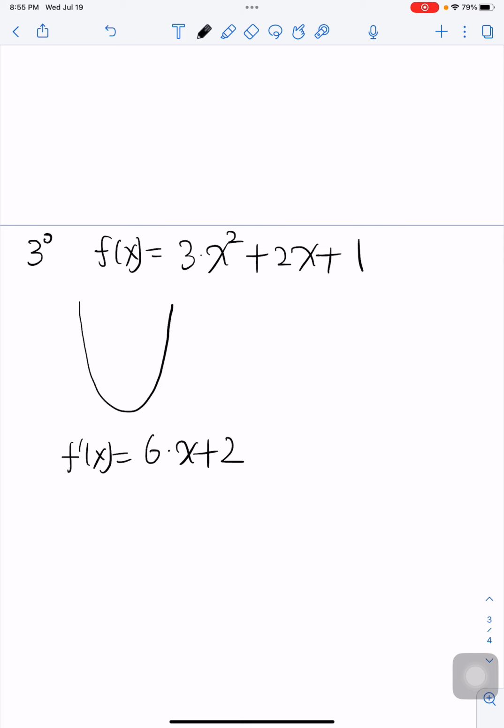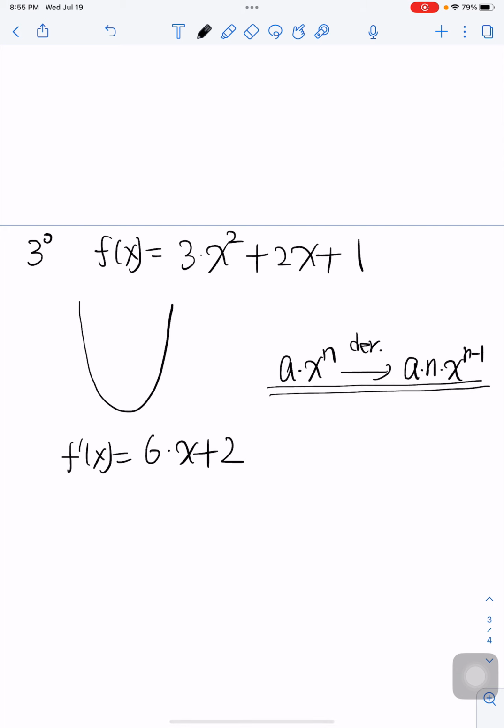Because we have a rule for polynomials, actually power functions. If we have a times x to the power n, then its derivative will be a times n times x to the power n minus 1. So we use this formula to get the derivative of this polynomial.